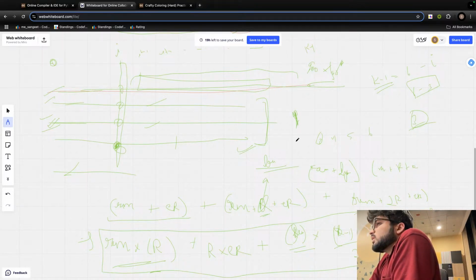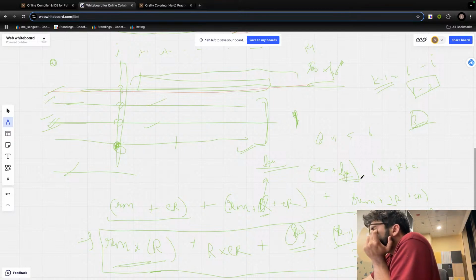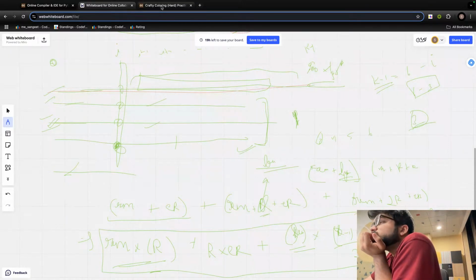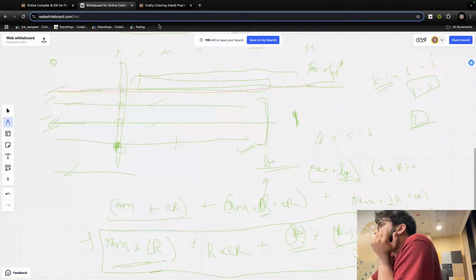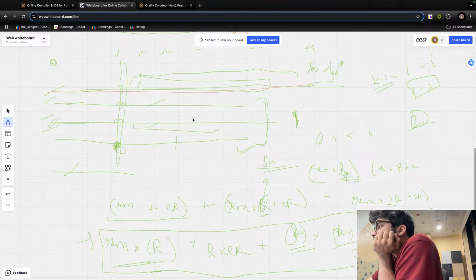No. Plus elements include into Q. Elements are right at the Q. I have not subtracted. It will be right over there.